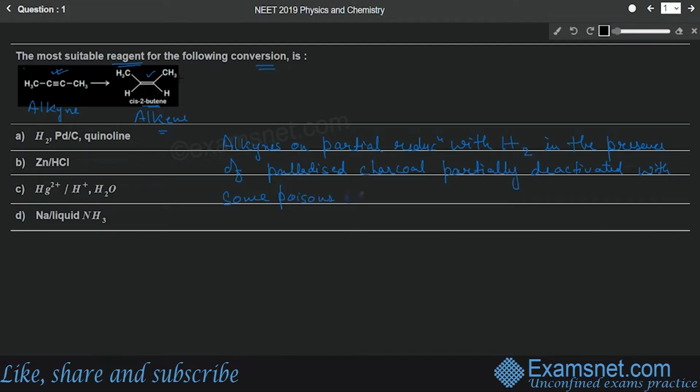And one of the examples of such poison is quinoline. Other possible poison can be sulfur compounds. Okay, so it will give us an alkene.